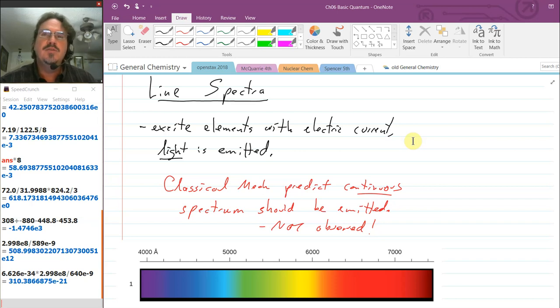This way of investigating the emitted photons coming off a pure element is what we call line spectra. What does it actually look like? Is it all the different colors, or just a few mixed together? It's called line spectra because we found that different elements emit just a little line of light.